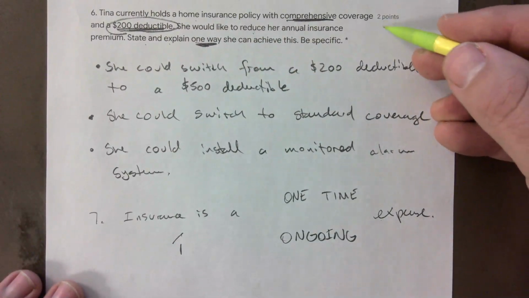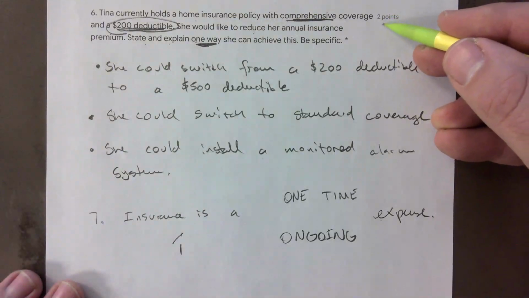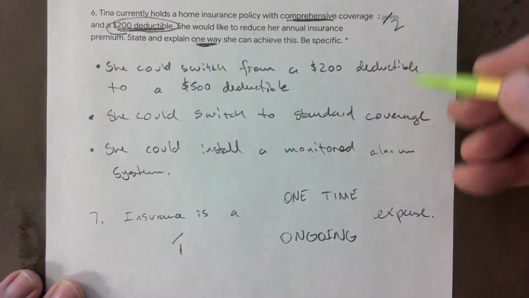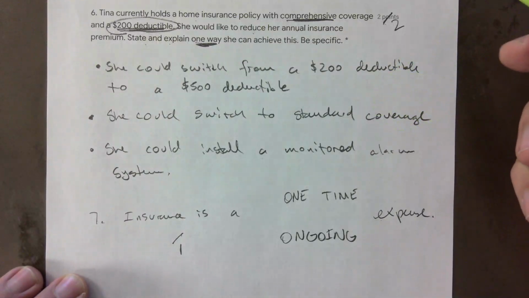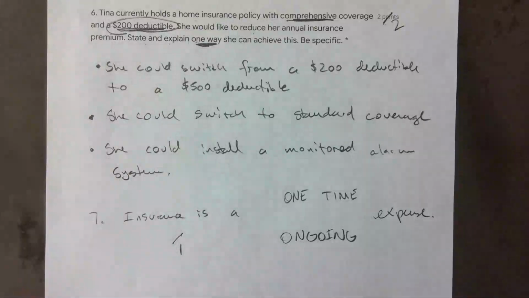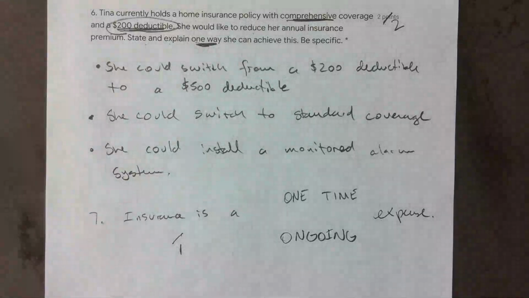And this one, the state and explain, that one was 2 marks, because I would like you to elaborate a little bit, right? So if you say change the deductible, change it to a 500, right, or something like that. If you just say deductible, I'll give you 1, but you have to unpack it a little bit. Okay.